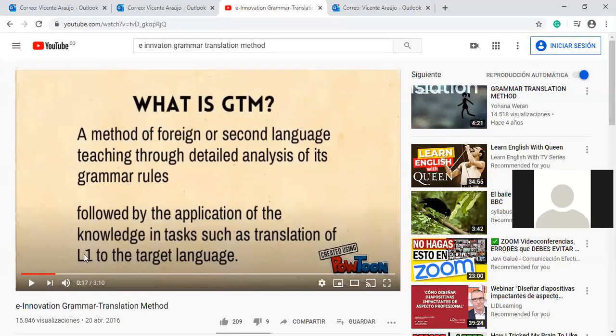First, language 1 to the target language. Example. Yo quiero café. Tradúzcalo al inglés. I want coffee. Okay. Important things: learning rules and applying them. Let's continue.